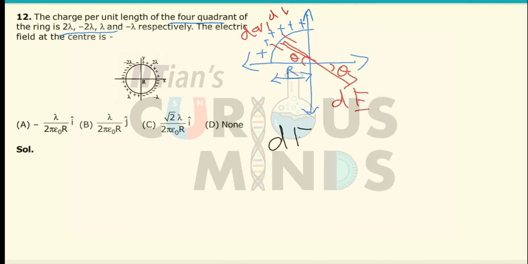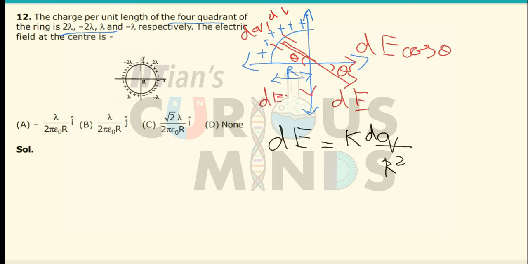This small electric field will be equal to k, which we will substitute later, q divided by r square, into dq divided by r square. Now its horizontal component will be equal to dE cos theta, and the vertical component will be equal to dE sin theta.